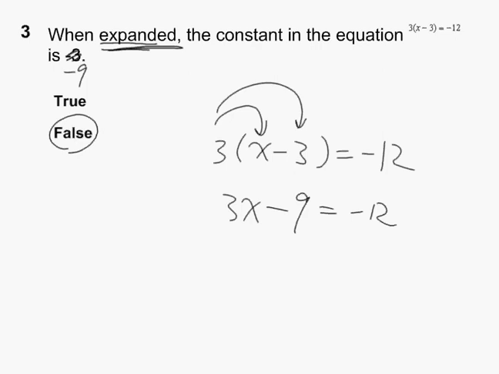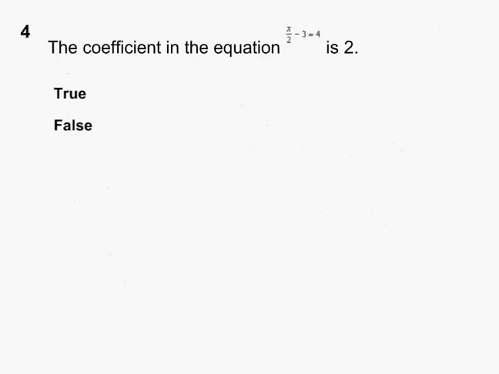Sometimes we can see it better when we draw it. There's x minus 3, and if I multiply that by 3, I'd have 3 groups of x minus 3, which clearly shows the constant being minus 9. In question 4, the coefficient in the equation x over 2, and I said over 2 because I don't want to give it away, minus 3 is 4, and the answer is false.